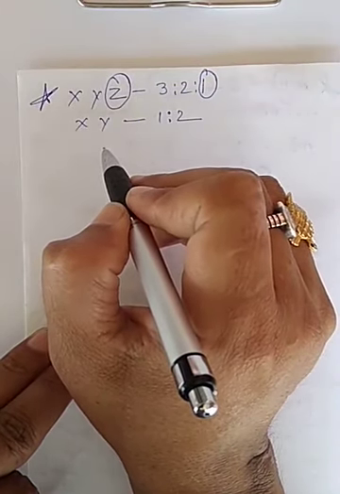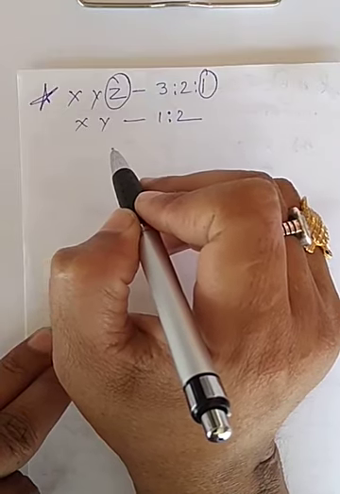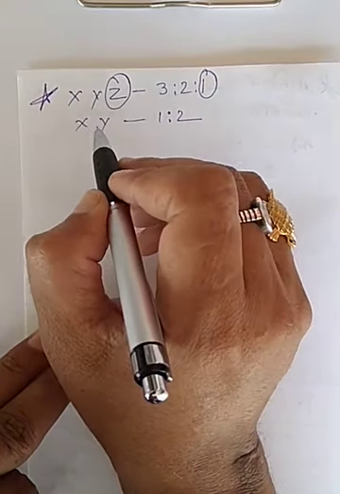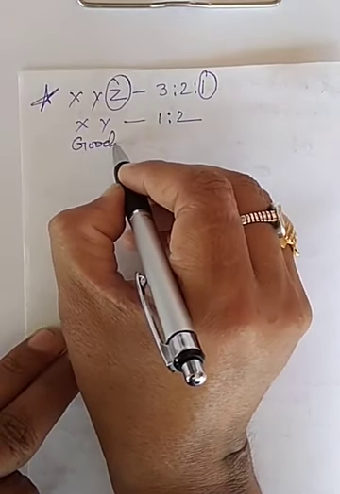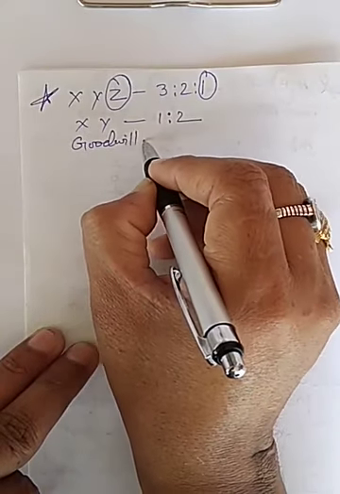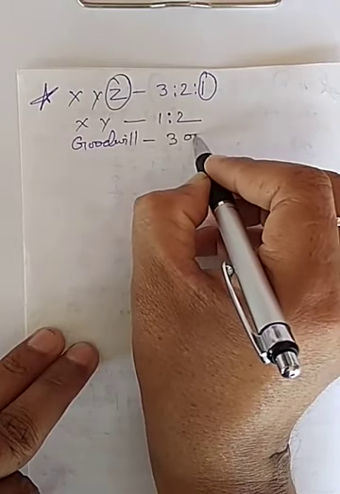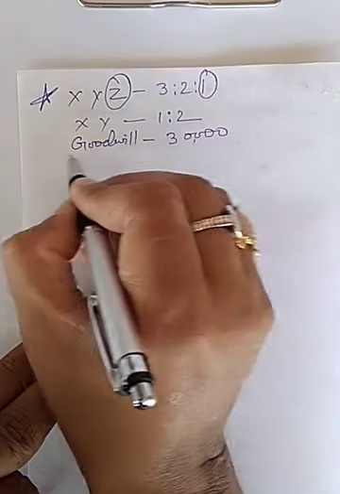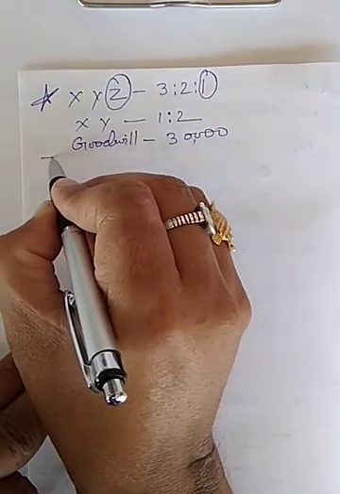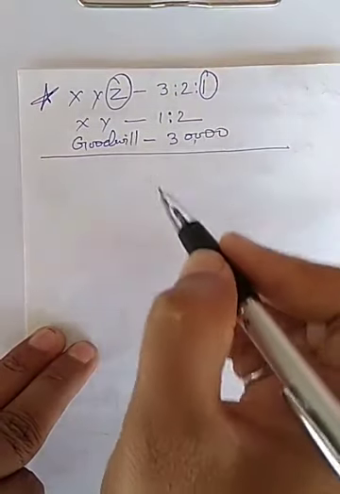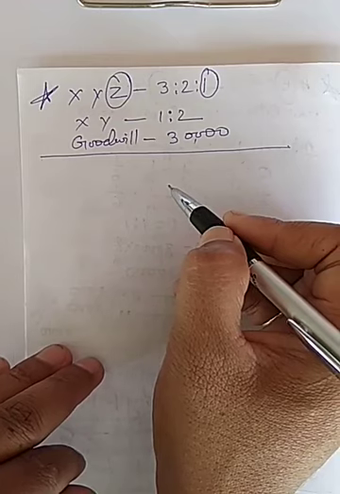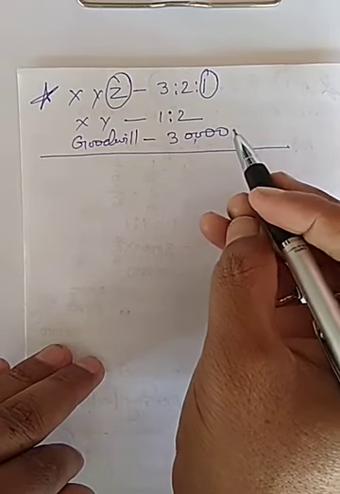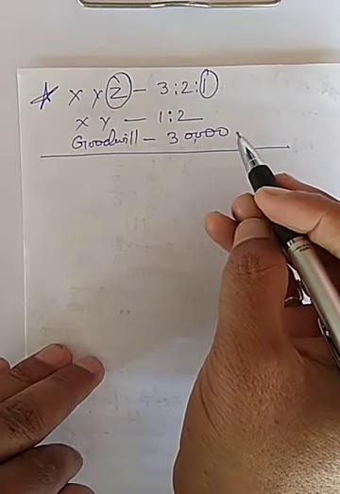On Z's retirement, goodwill of the firm is valued at rupees 30,000. Pass necessary journal entries for the treatment of goodwill on Z's retirement without opening the goodwill account.